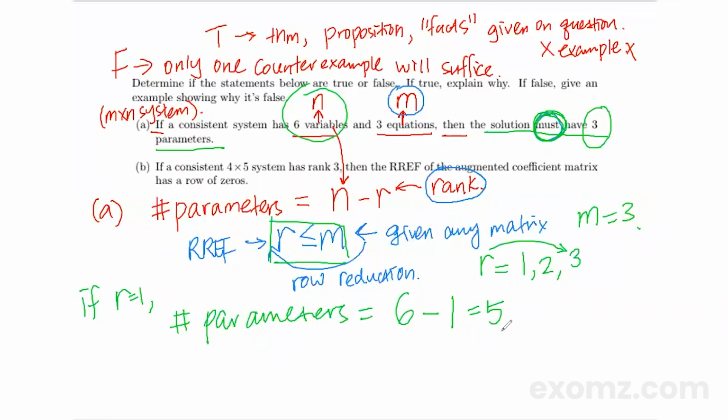But in fact, no, because we do have a counterexample here. Since r can be taking on the value of 1, 2, and 3, if r equals 1, then our number of parameters here will actually be equal to 5, which is not equal to 3. So this is a counterexample, hence this is false.